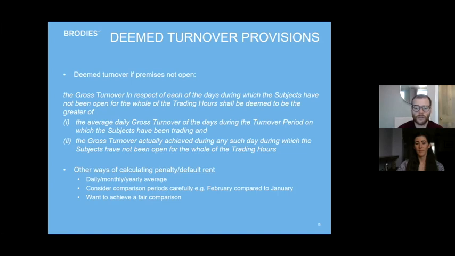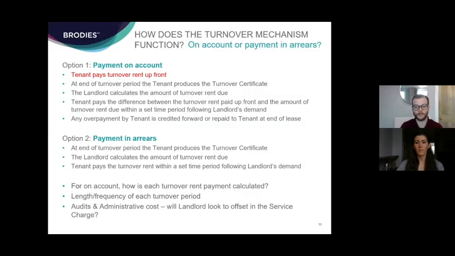What you have to consider, particularly if you're acting for a tenant here, is what periods are being compared to each other. So you wouldn't want February sales being compared to January, because they're just not going to be the same. So overall, you want to try and achieve a fair comparison which reflects what is going to be achieved by the store at that time. And then if we flip on to the next, I'll pass back to Naomi for that.